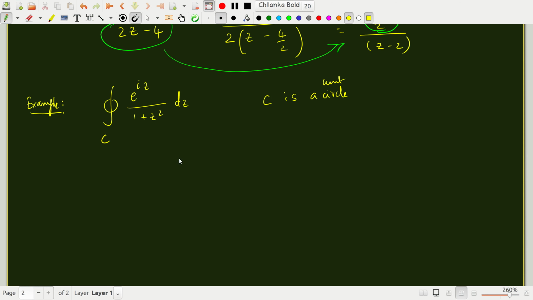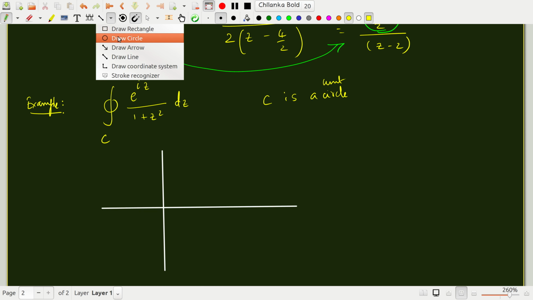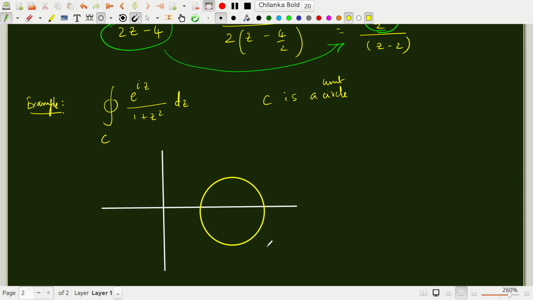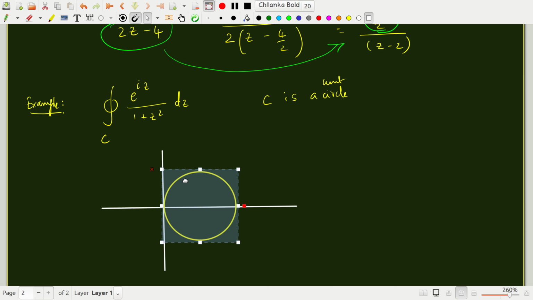So let's first take one of the contours. Suppose C is a unit circle about the point z is equal to 1.